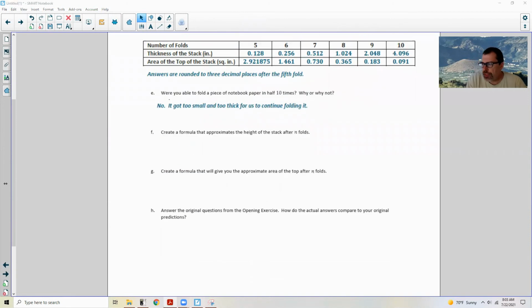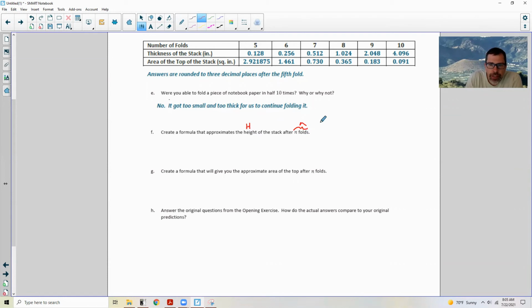Part F says to create a formula that approximates the height of the stack after n folds. Okay, so if we're going to create a formula, h is height, n is folds.